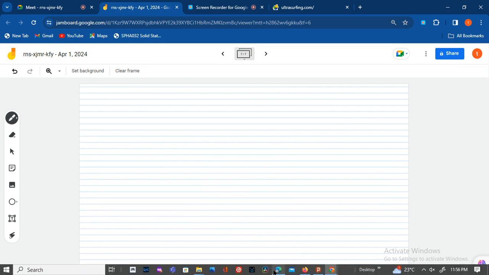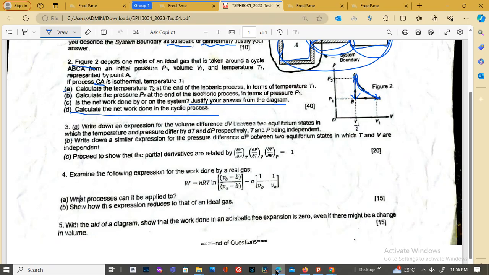Now we move to question number 4. Examine the following expression for the work done by real gases. Part A, what processes can it be applied to? That's the first question.